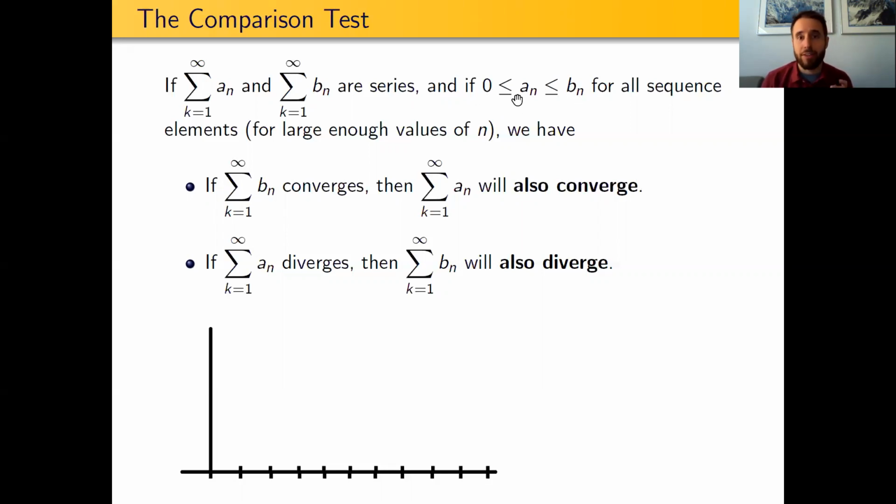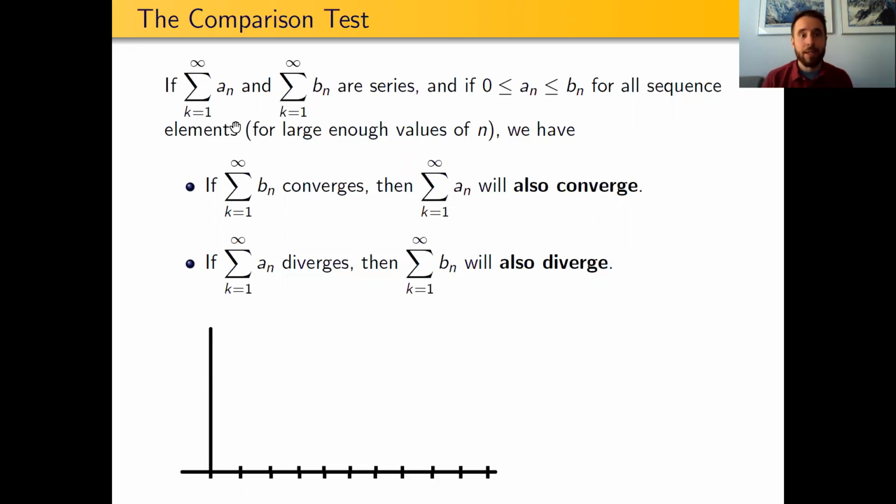So we have 0 less than or equal to a sub n, less than or equal to b sub n, for all terms in the series for large values of n, right? What that means is maybe for the first 2 or 3 elements, a sub n is bigger than b sub n, but once we hit a certain threshold, all future values will have a sub n less than or equal to b sub n.